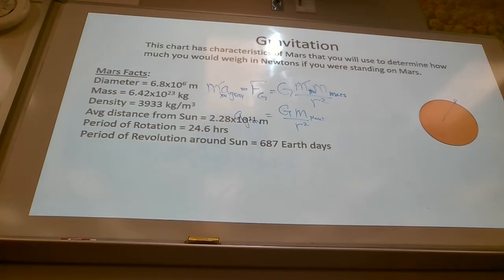Acceleration of gravity on Earth. I'm going to use that equation. This is proof of concept.